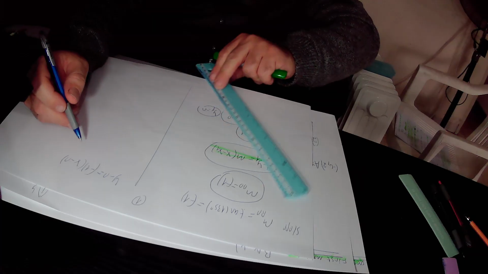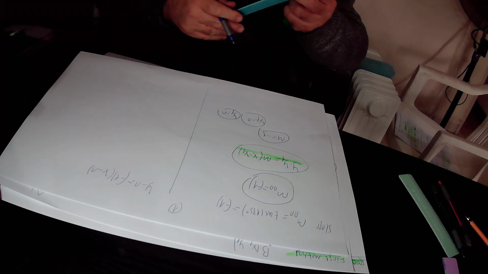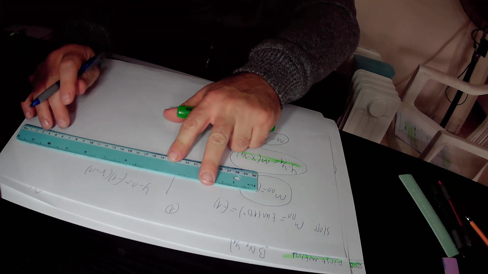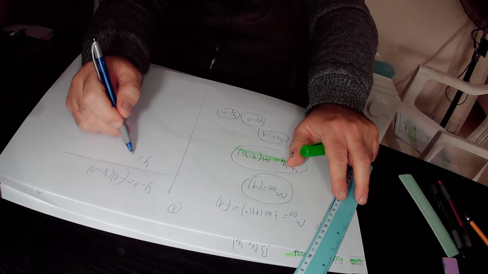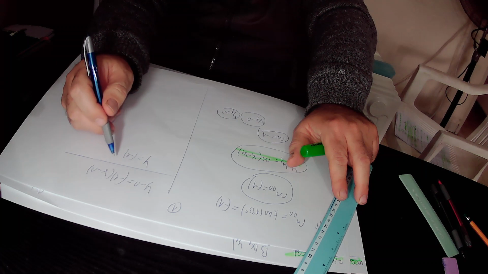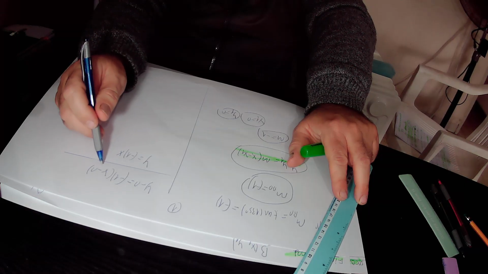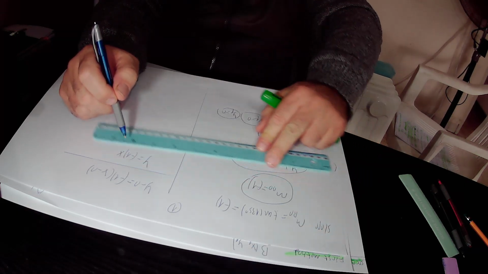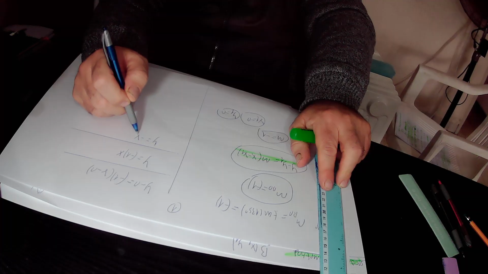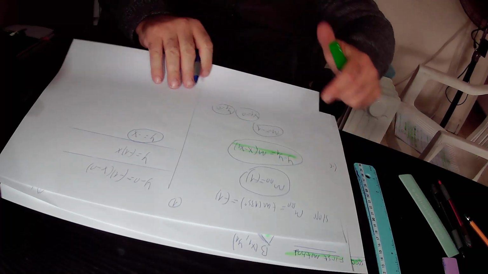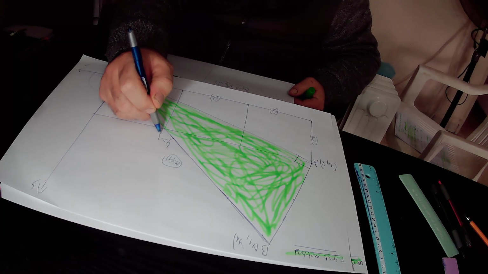So y minus 0 is y, and it equals minus 1 times x, which is minus x. So in other words, note that the equation of this straight line BO is y equals minus x.